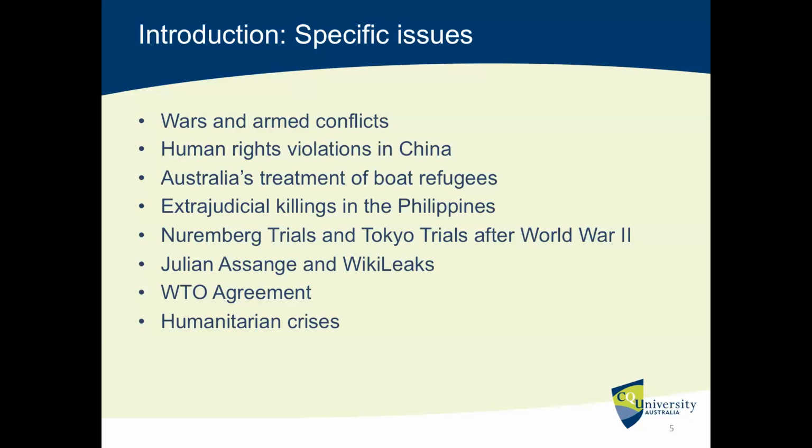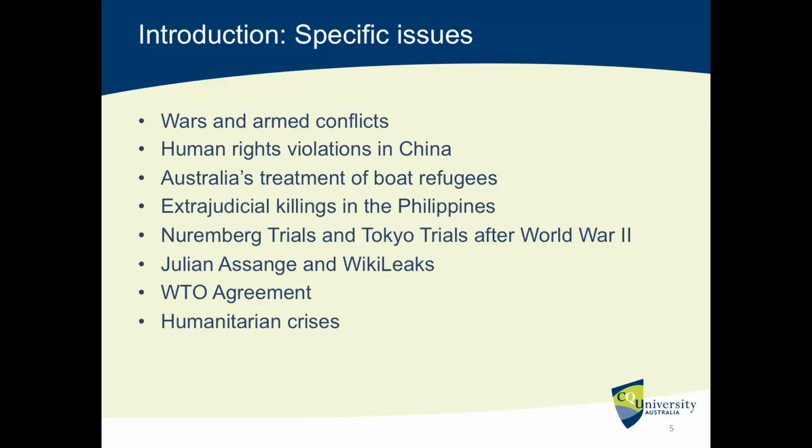You can also have issues about human rights violations. And for example, for some of you who may remember, there was the so-called Tiananmen Square massacre in 1989, where thousands of civilian protesters were killed as a result of the crackdown by the Chinese government to stop these democratic activities of its citizens.